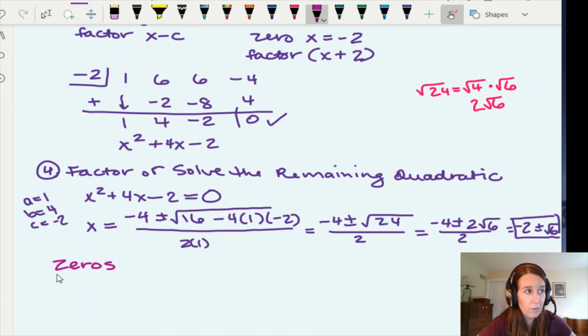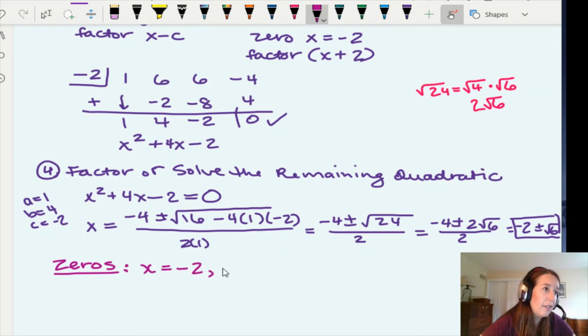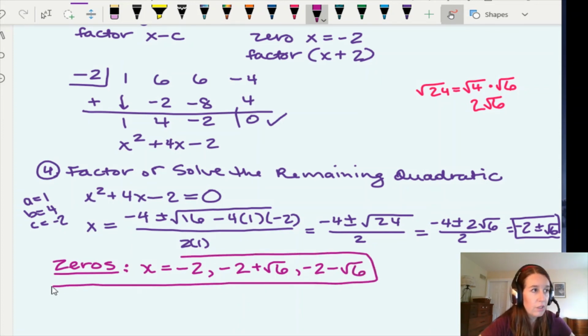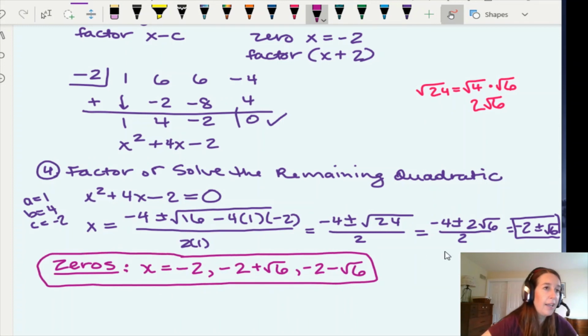So the zeros, first of all, okay, the zeros are x is equal to -2 and -2 plus root 6 and -2 minus root 6. Okay, so that might be one thing you're asked for, to find the zeros. And you can write it that way, or you can write -2 plus or minus square root 6.